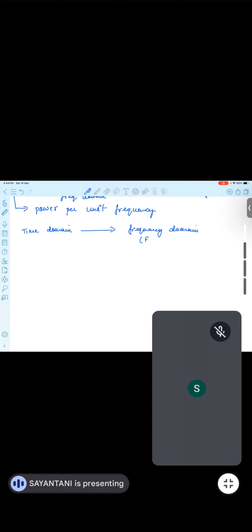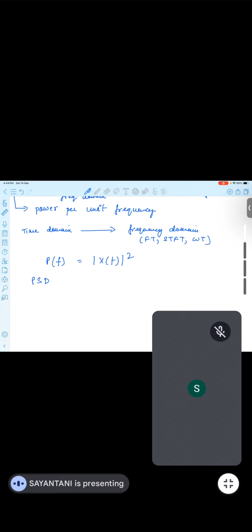You can go for Fourier transform, short time Fourier transform, wavelet transform, and so on, right? We have seen all these things. So once you get the frequency components, you calculate the power of this frequency. So this is how you get the power of a frequency domain based signal, right?